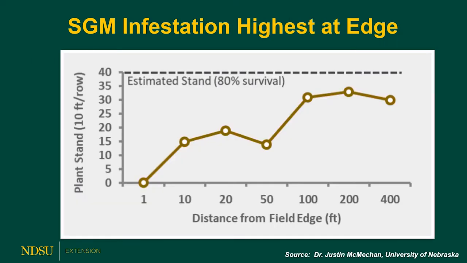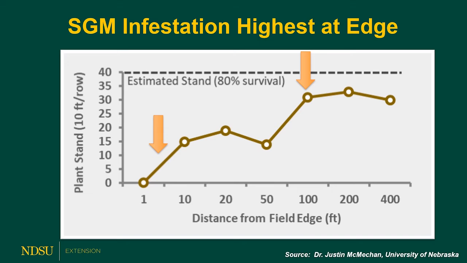And of course, this would affect plant stand. As you're close to the field edge where the infestations are higher, there's less stand. As you get out into the center of the field, at least more than 100 feet from the edge, you can see the plant stand has increased and is closer to normal.